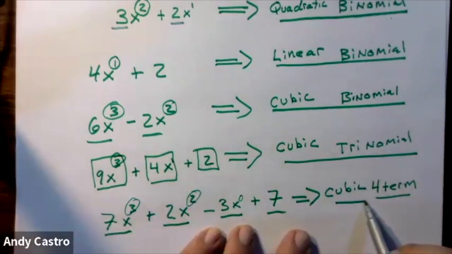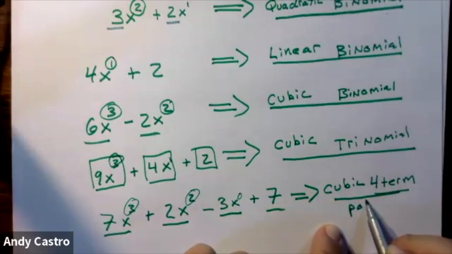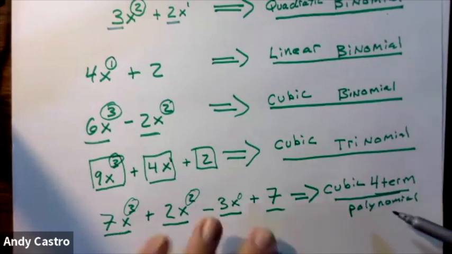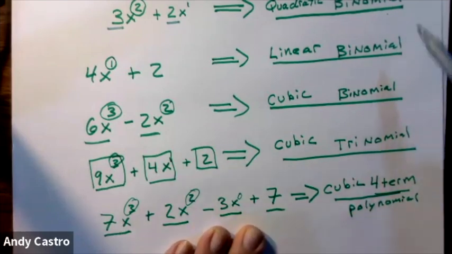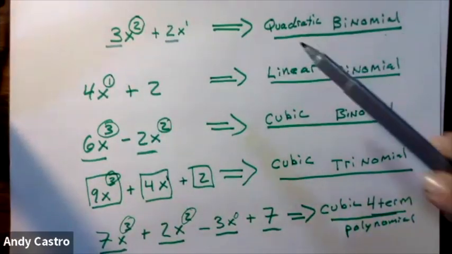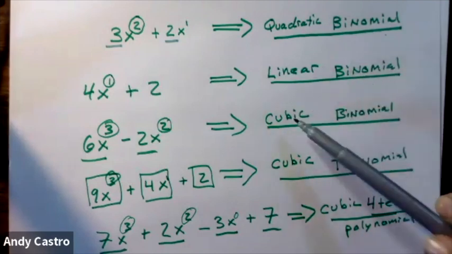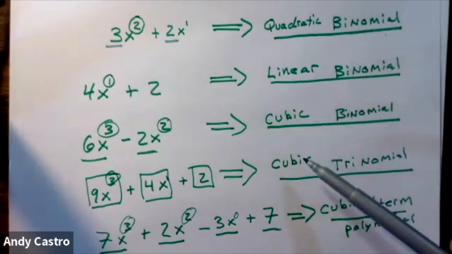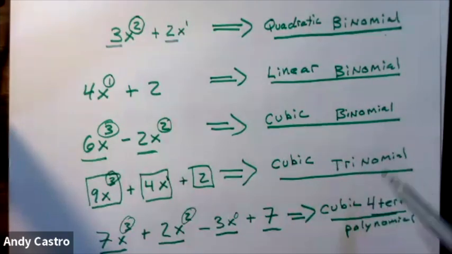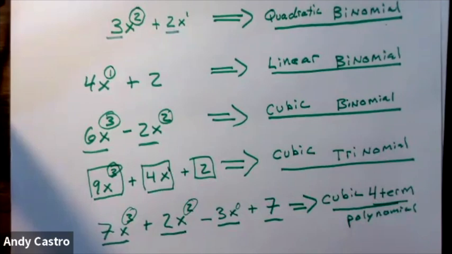And the way that we say this is a cubic 4-term polynomial. We do not add the word polynomial to these because nomial is already in the term description. So quadratic binomial, linear binomial, cubic binomial, cubic trinomial, and this is a cubic 4-term polynomial.